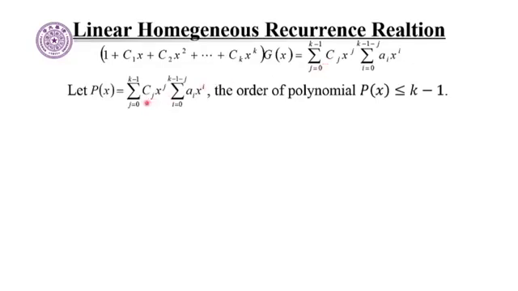If we use p(x) to denote the right-hand side of this expression, we could analyze that the order of polynomial p(x) must be less than or equal to k minus 1. And on the left-hand side, g(x) multiplies a polynomial, so g(x) is equal to p(x) divided by this polynomial. The order of this polynomial is k, so g(x) could be denoted by p(x) divided by (1 plus c1 x plus c2 x squared until c_k x to the kth power).